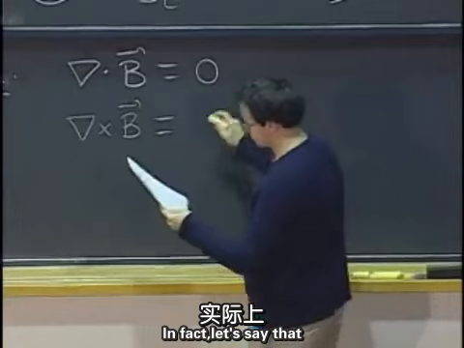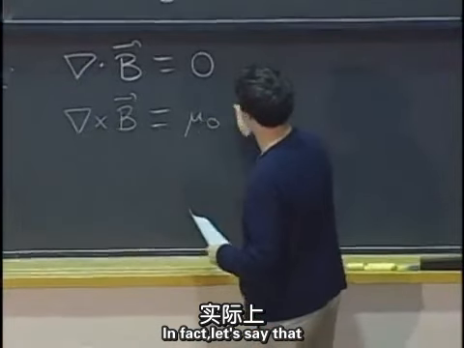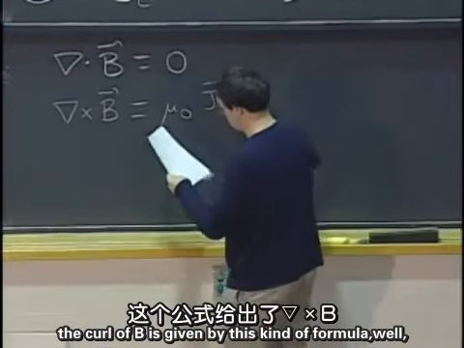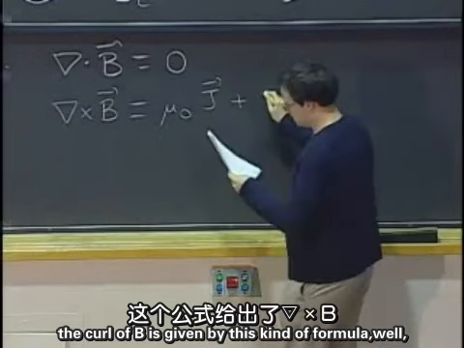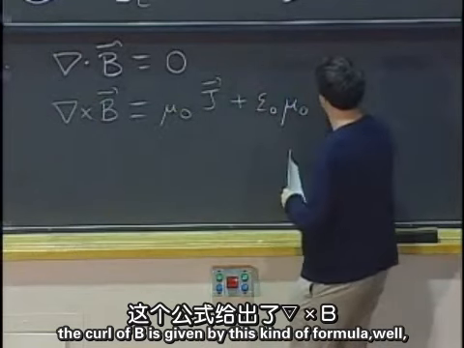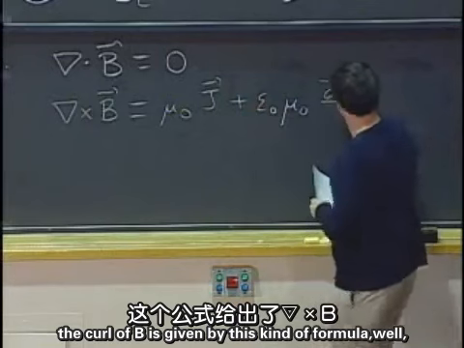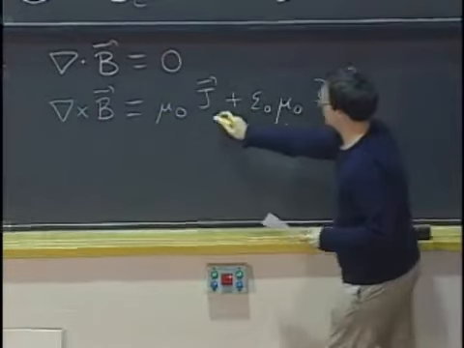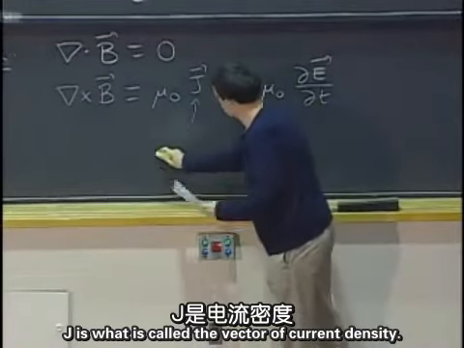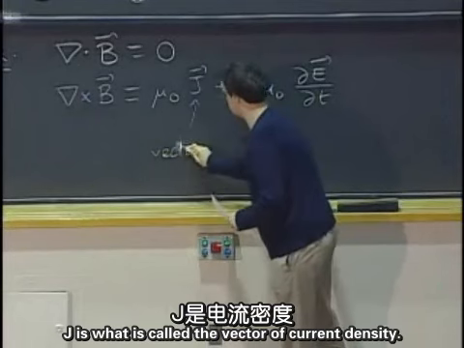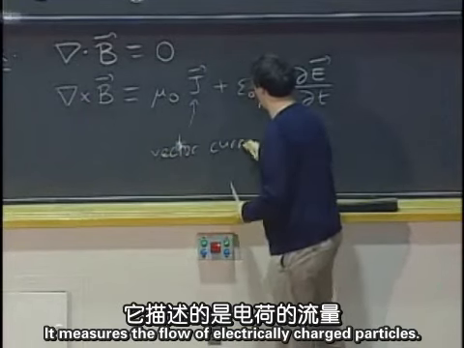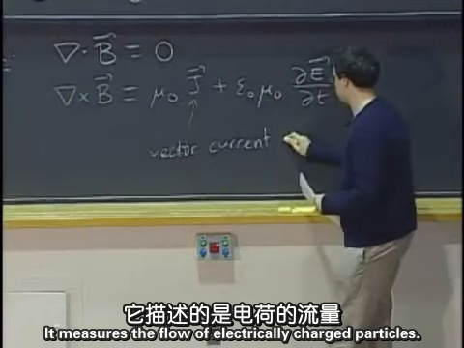So in fact, it says that the curl of B is given by this kind of formula, where J is what's called the vector current density. So it measures the flow of electrically charged particles.